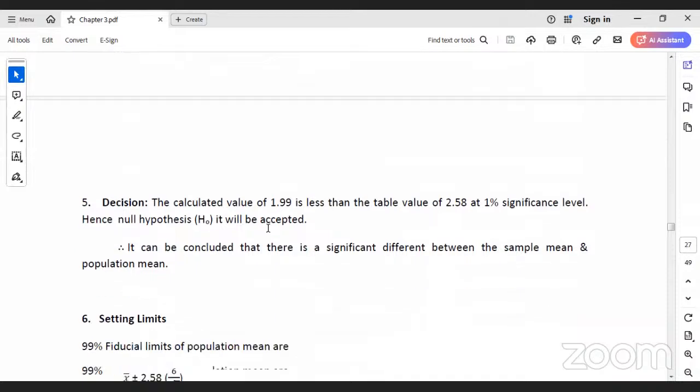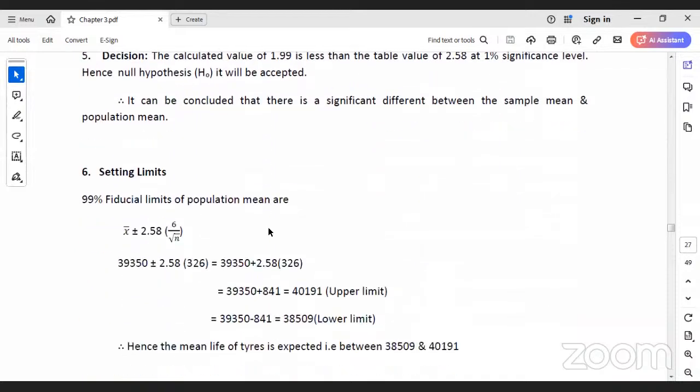Then set the limits. You observe the limits. It can be concluded that there is a significant difference between the sample mean and population mean.